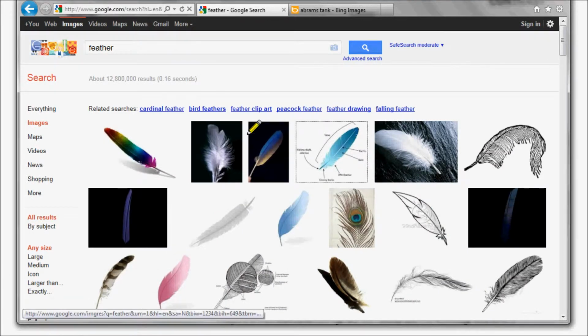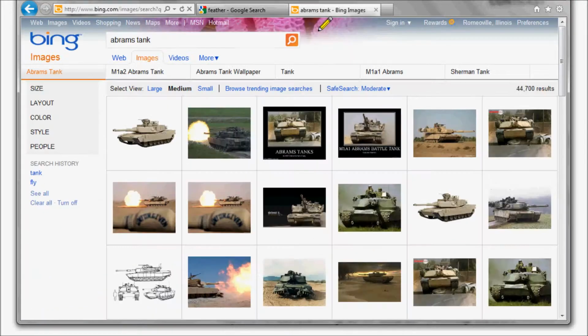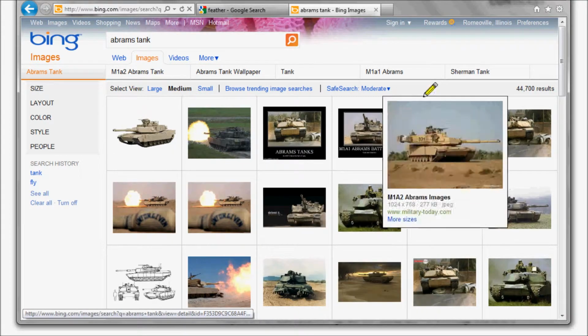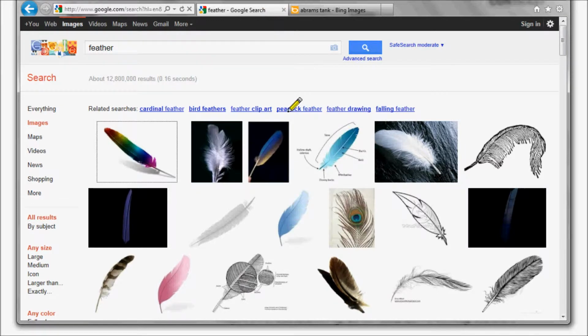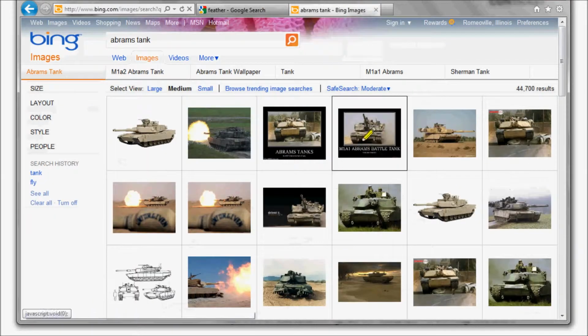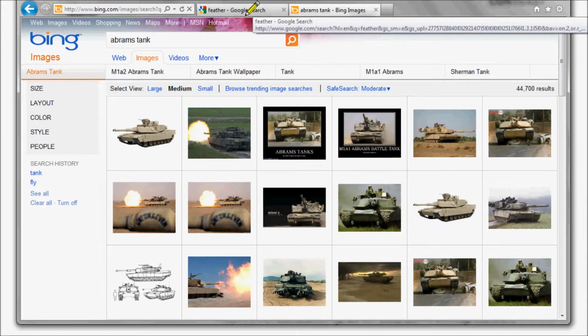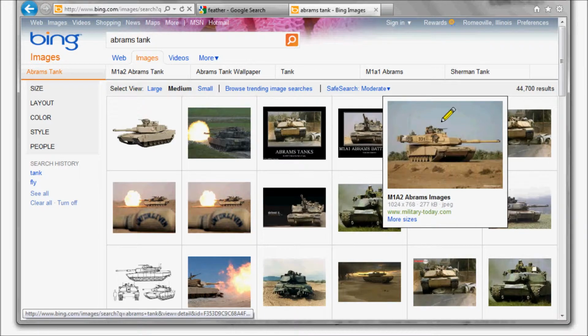So here's feathers, which are light, okay? And then here are tanks, which are heavy and dangerous. And so if you wanted to use contrast, you could say that that soldier was a featherweight tank, okay? And that's contrast right there. You're not just saying this soldier was a tank.